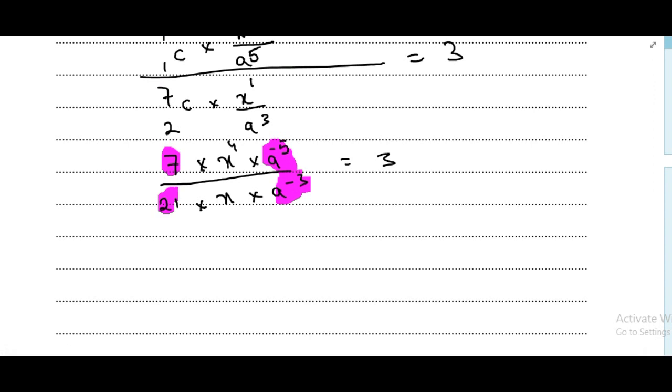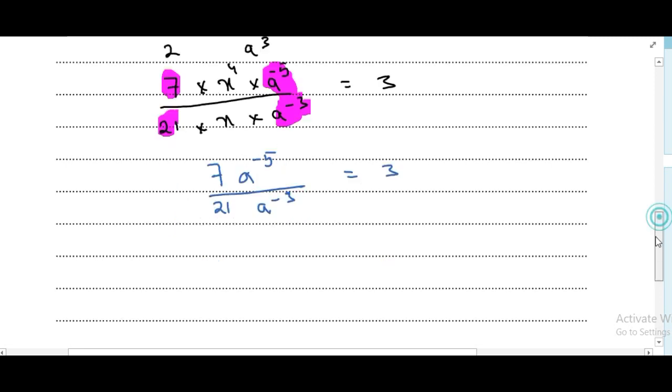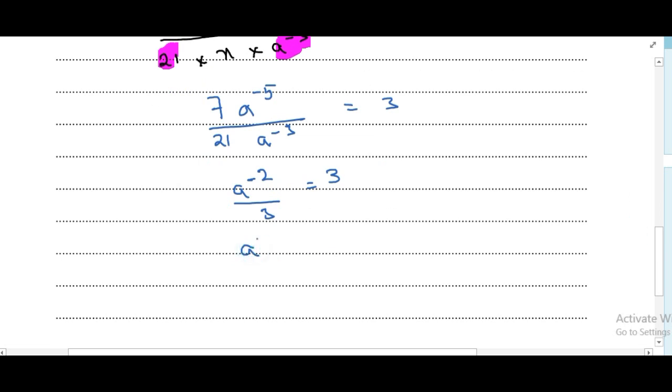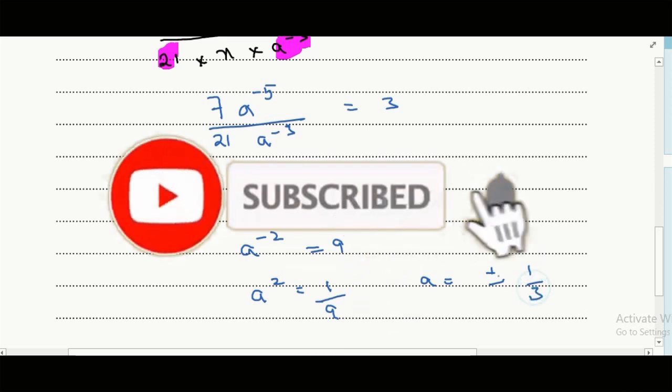So we can simplify it as 7a^(−5) divided by 21a^(−3) equals 3. So it would be written as a^(−2)/3 equals 3. So a^(−2) equals 9, a² equals 1/9. So a equals plus or minus 1/3. So this is the value of a.